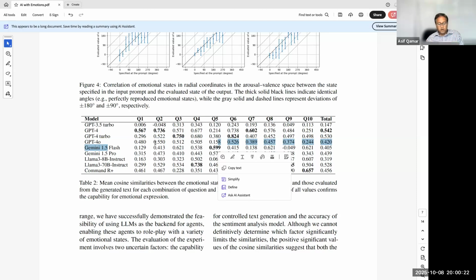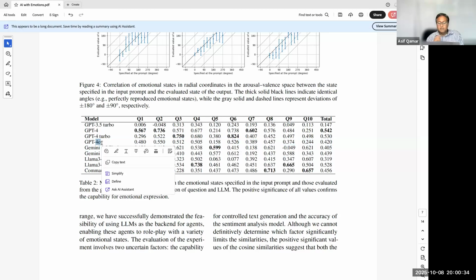So anything above 0.5 is definitely matching to the closest one. Anything below 0.5 is a little bit not matching. But one of the reasons could be that GPT-4o is a reasoning model. I mean, it does have 0.5 cosine similarity, but it misses something compared to Turbo and GPT-4, which have much more, 0.738, things like that.